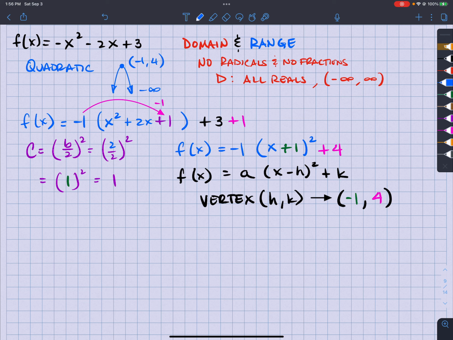So that's why my range, I can come back up here now, my range is actually going to be from negative infinity to 4. Actually, it's going to touch 4, so it's going to be included. So if I was to put that into symbols, it would be y is less than or equal to 4. All right, and that, ladies and gentlemen, is choice D.